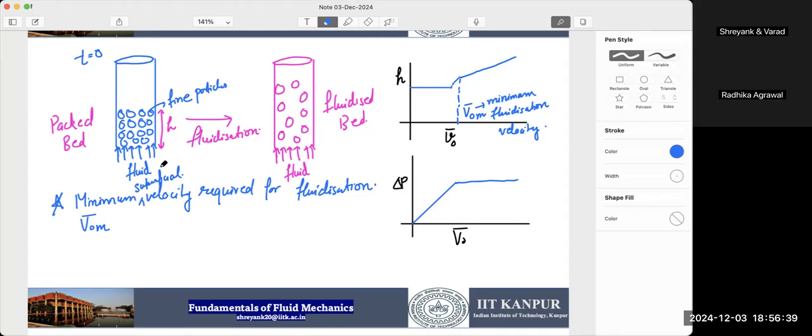So the definition of the superficial velocity is, basically, the velocity where we are not considering the effect of the particles on the velocity.